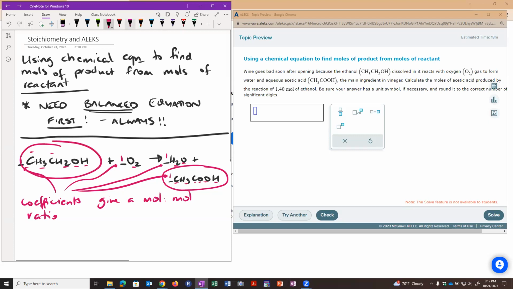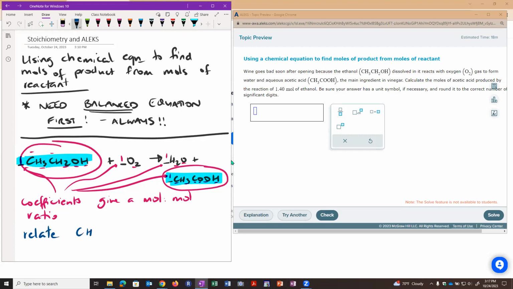So what we're trying to relate now that we have our balanced equation, is we are trying to relate the ethanol to the acetic acid. And the relationship between them is the coefficients in the balanced equation.